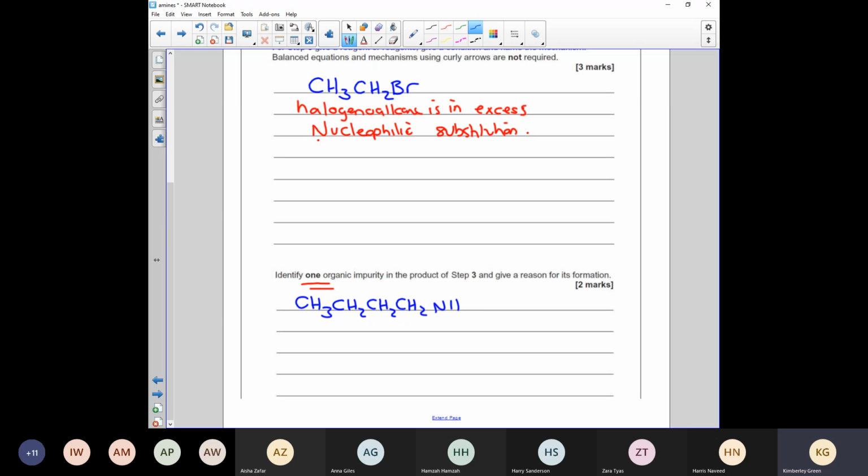So only one of our hydrogens could be substituted for that ethyl group from this thing up here. Or we could still have our amine.